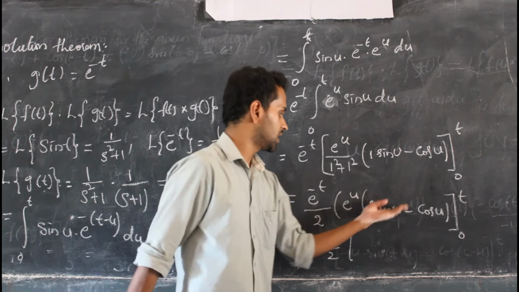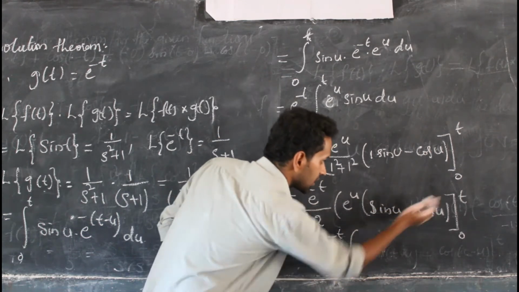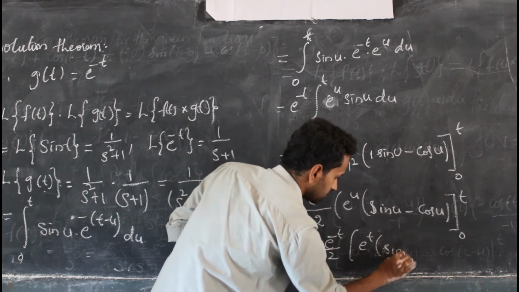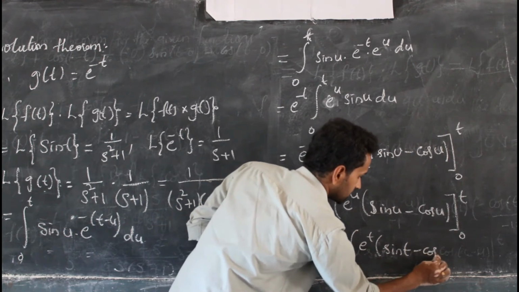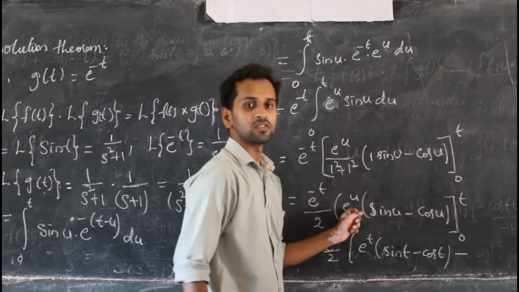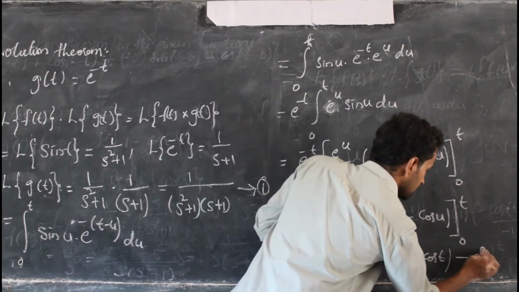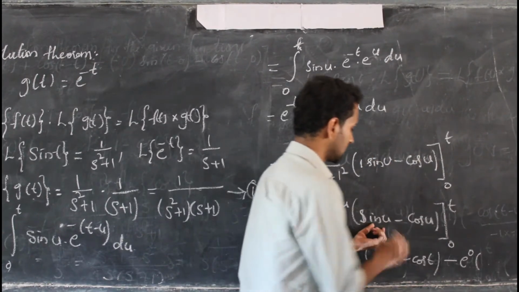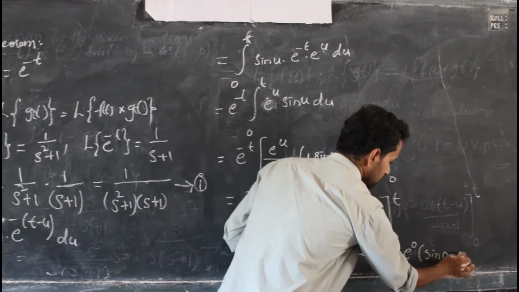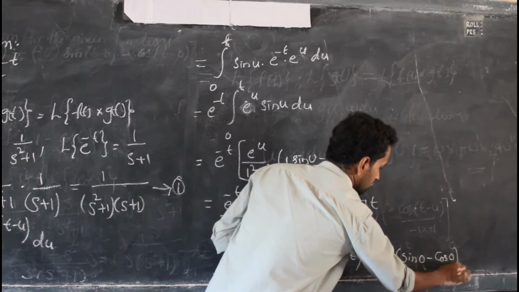Now substitute the limits. First I will take the upper limit, e to the power of t into (sin t minus cos t), minus the lower limit, e to the power of 0 into (sin 0 minus cos 0).